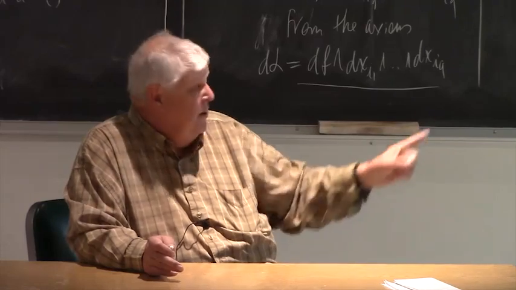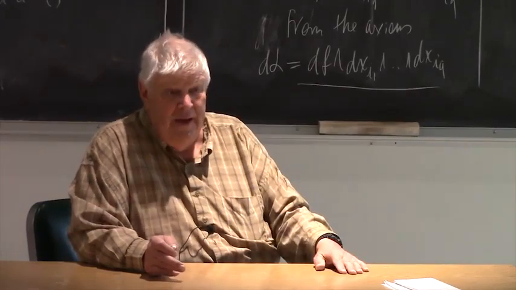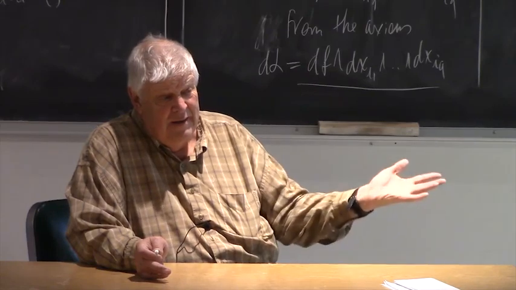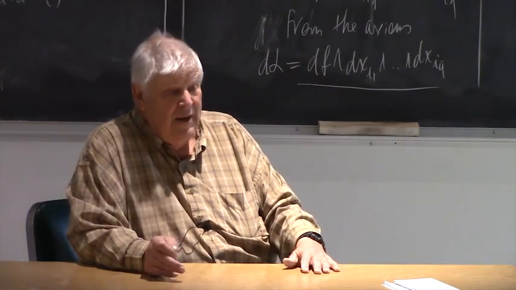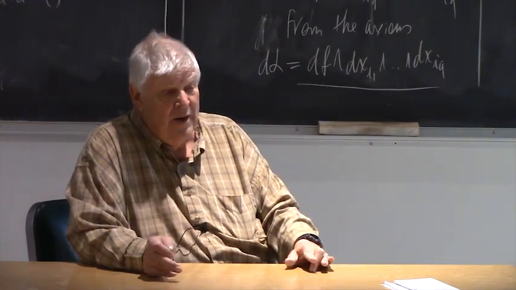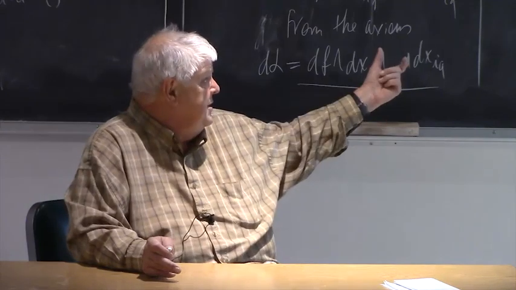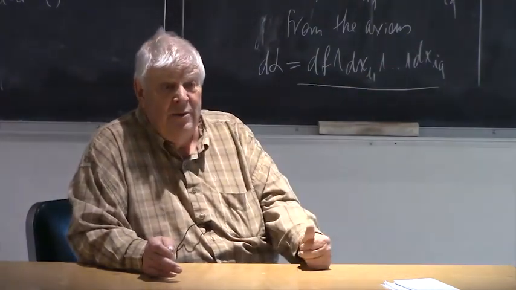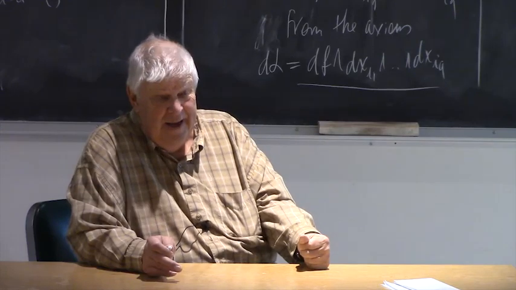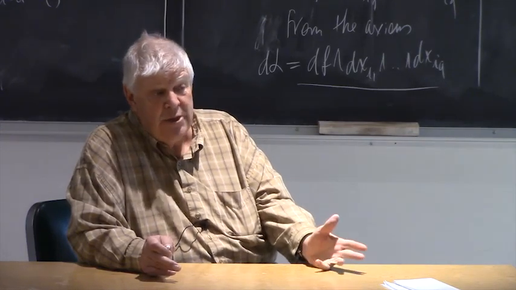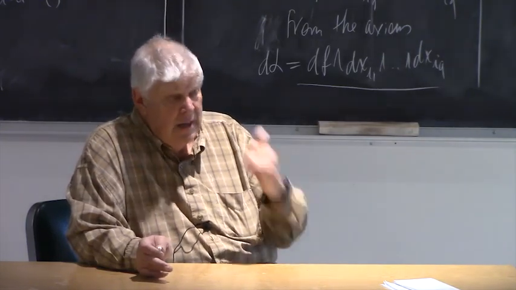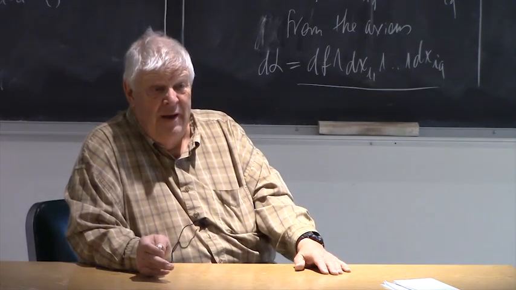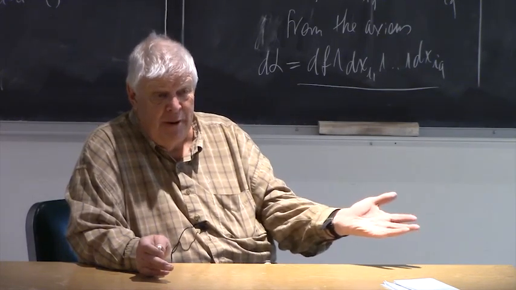So to give this formula a more usual appearance, we need to take this dxj and move it to the appropriate place to make the sequence increasing, which certainly will result in a certain amount of minus 1 to some power.